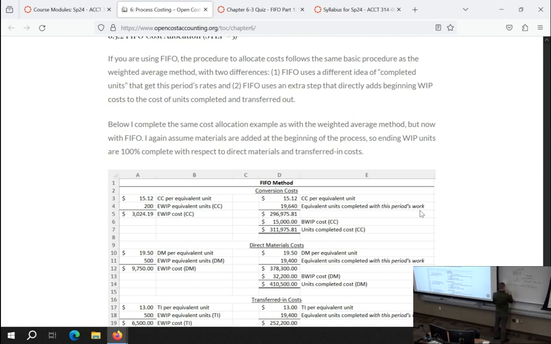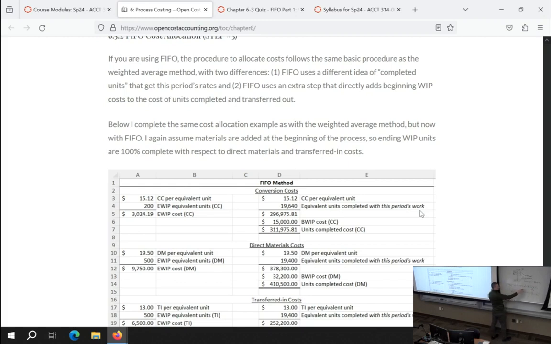Well, the same thing is true under FIFO. We have our TEU equation, which is units completed minus beginning WIP equivalent units plus ending WIP equivalent units. And we are going to divvy out costs for this period's work to these two groups. So that's the same. I just said that a second ago.